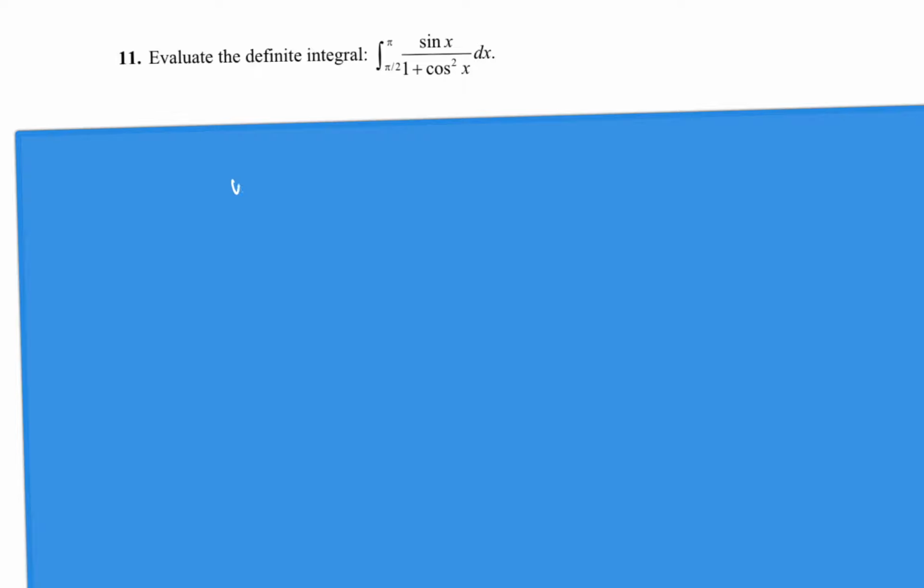This one we need to see this relation, u prime over 1 plus u squared. So how will we see? Name u equal cosine of x. If we name u cosine of x, u squared will be cosine squared of x. So I will have here the u squared.